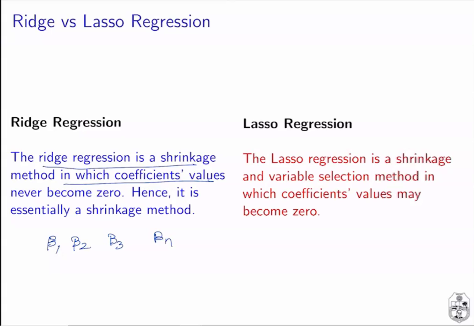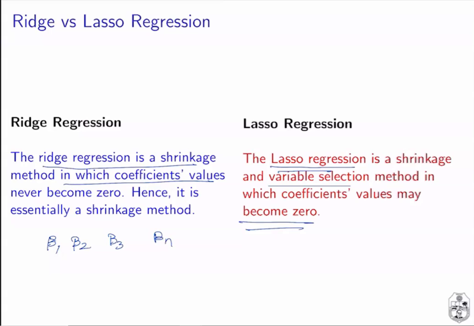In case of the lasso regression, if a particular feature is irrelevant or insignificant, its coefficient may become 0. And that's why the lasso regression is known as variable selection, meaning that it completely eliminates one of the variables, like we do in model selection.